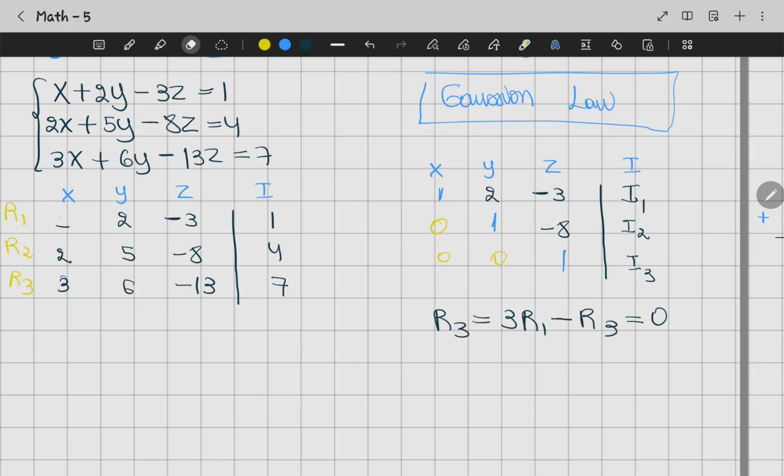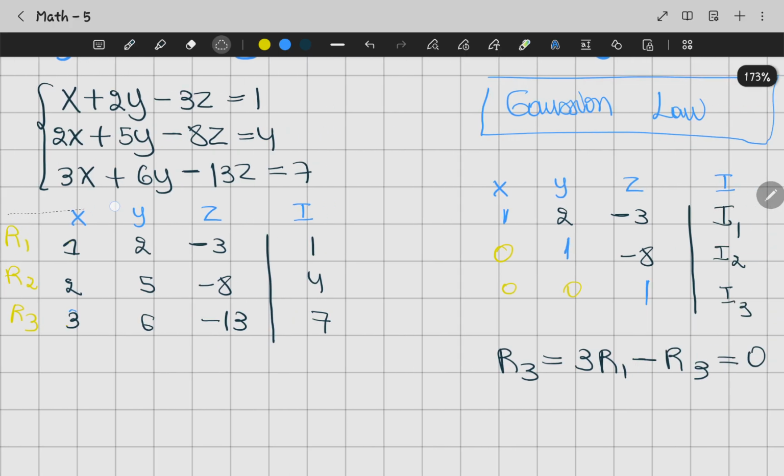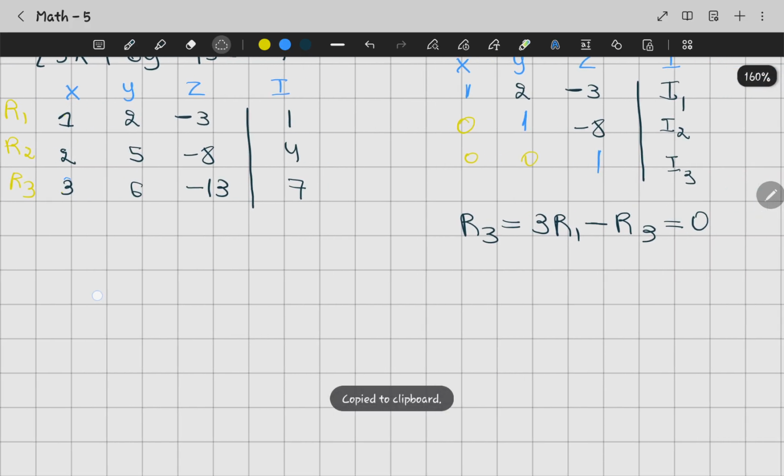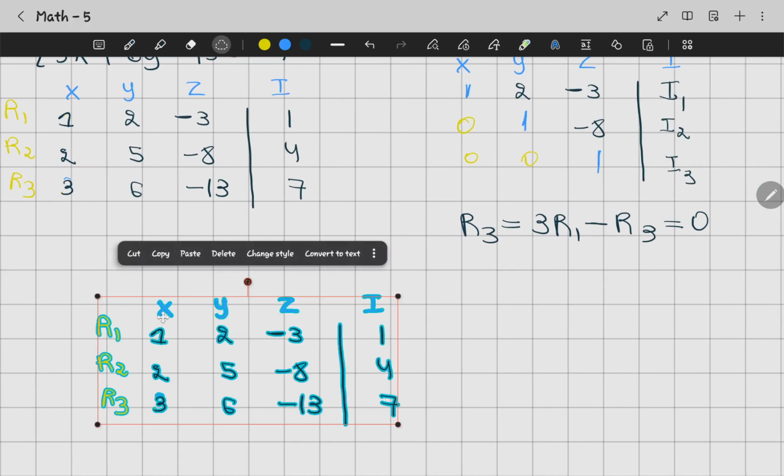So what I'm going to do now, I'm just going to copy, so then I can replace it down. So let's just keep this one as it is. I'll just copy and then replace it here.